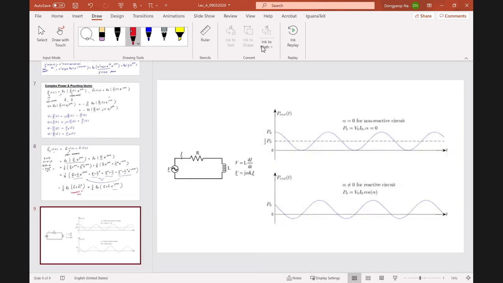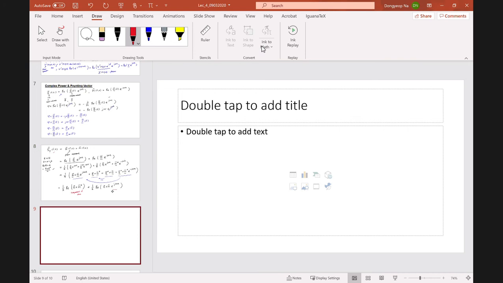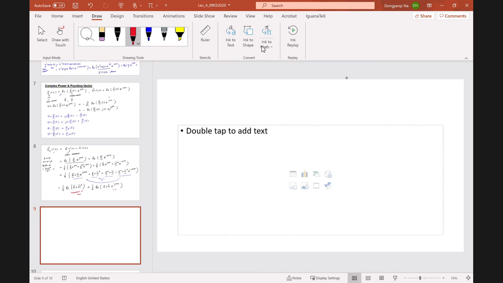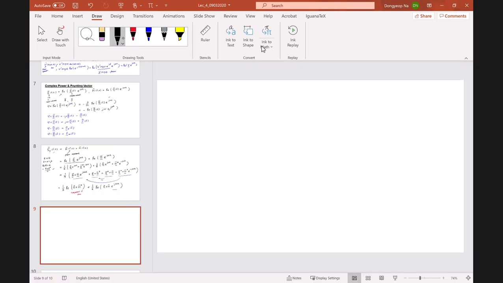And then what we're going to do next is the time averaging process.